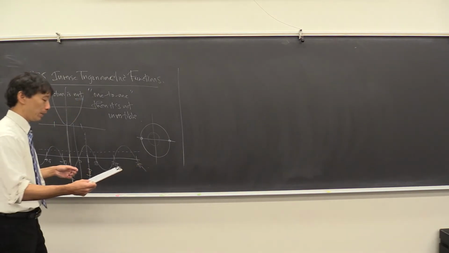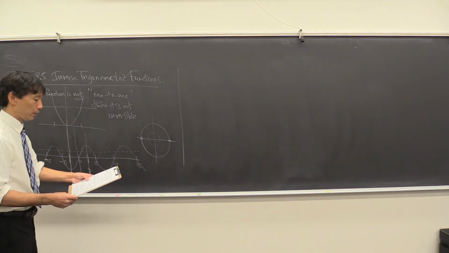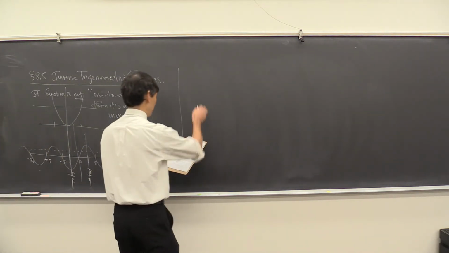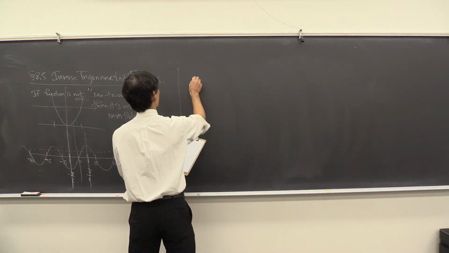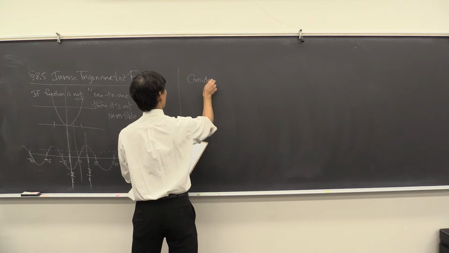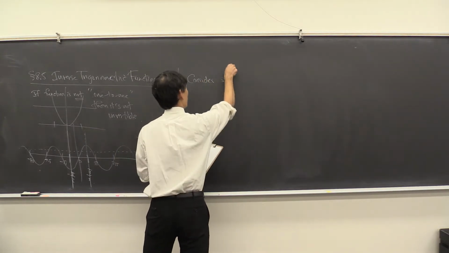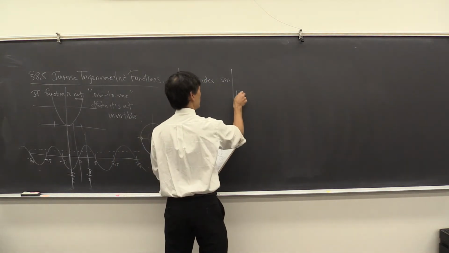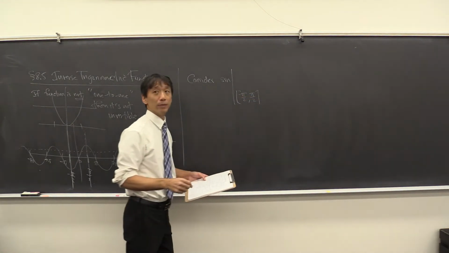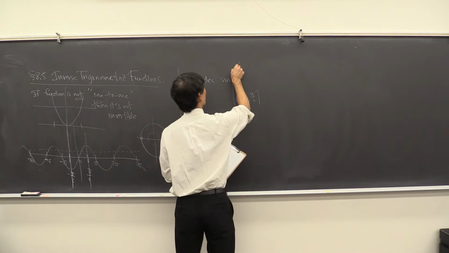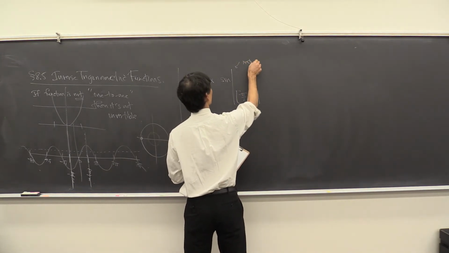Okay, so what do we do? Consider the sine function, but restricted to negative pi over 2, pi over 2. This line means restricted to.